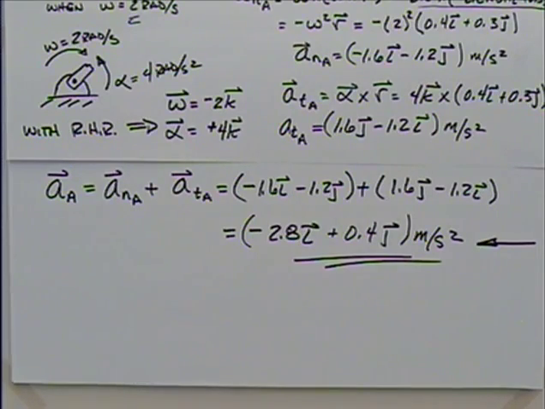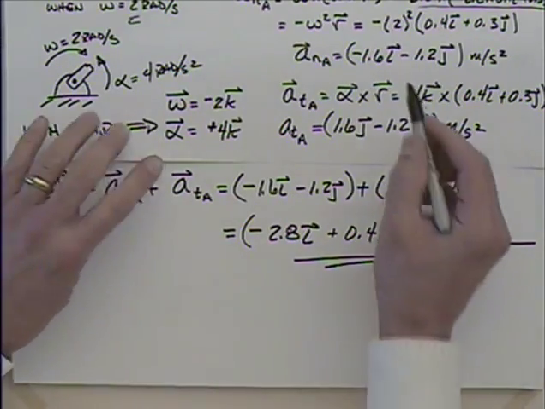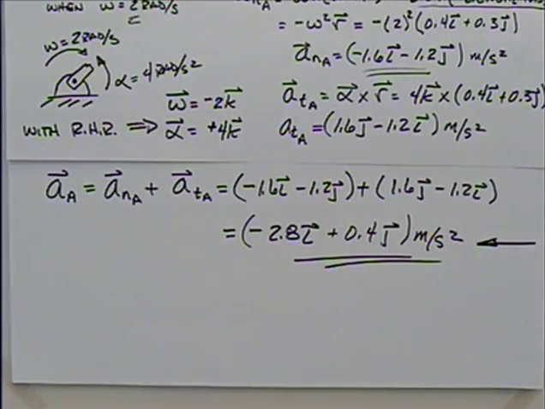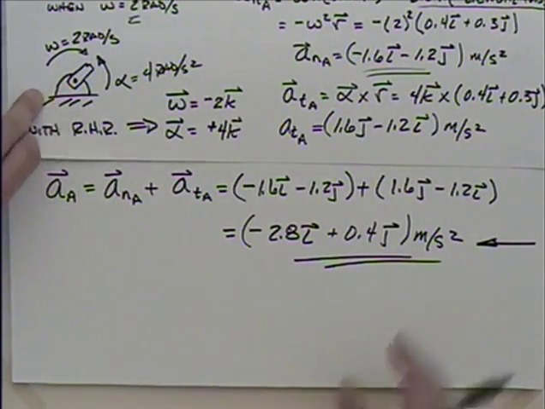You could actually go through this with a scalar solution. Wouldn't be a bad way to test it, but very soon our problems will get complicated enough that a scalar solution is going to be pretty difficult. If you look at the directions of these, for instance, the normal acceleration, that's in the negative x and the negative y. Does that make sense in the problem?